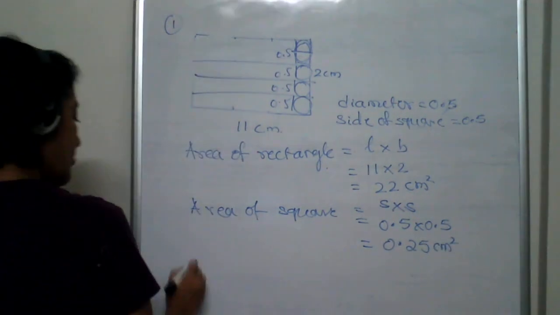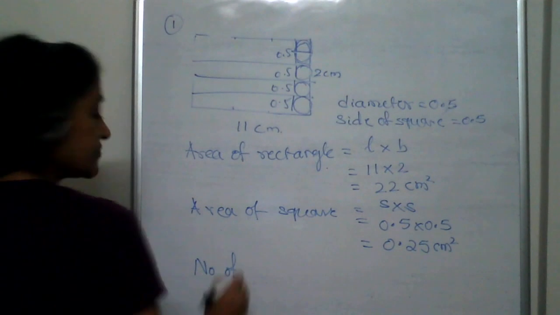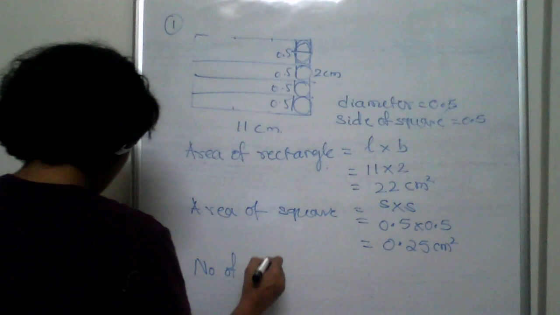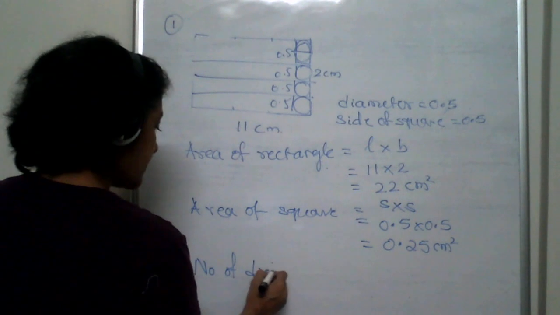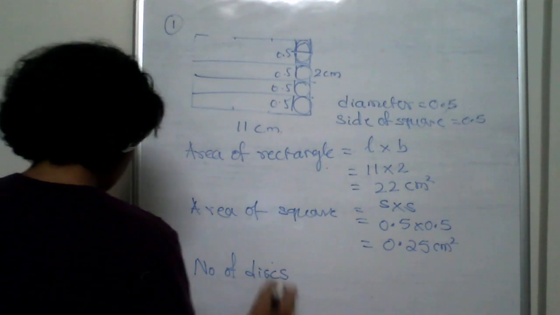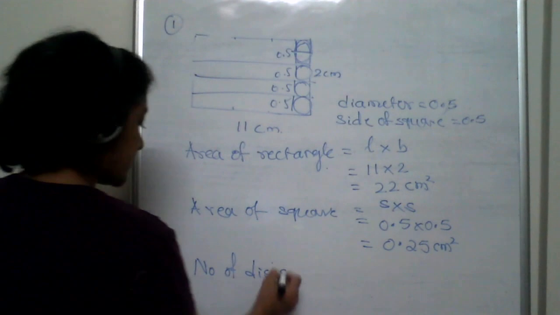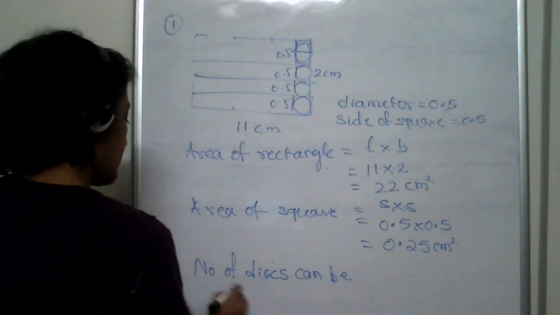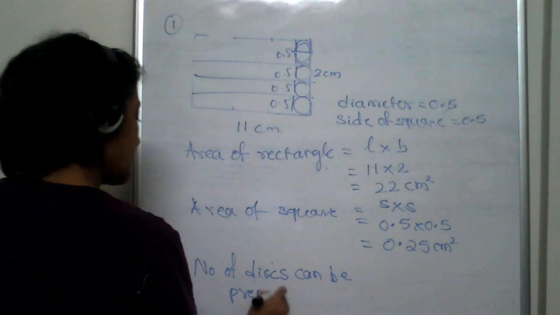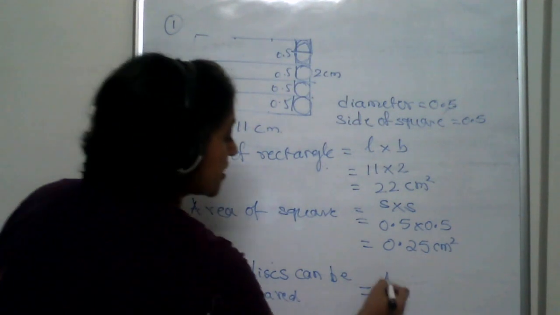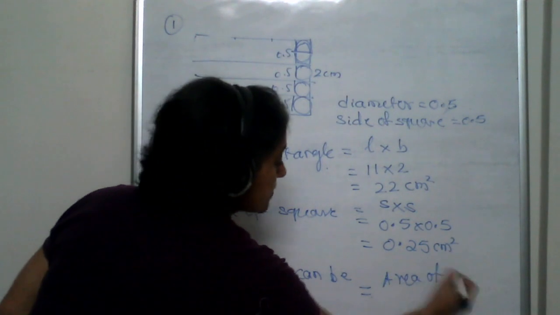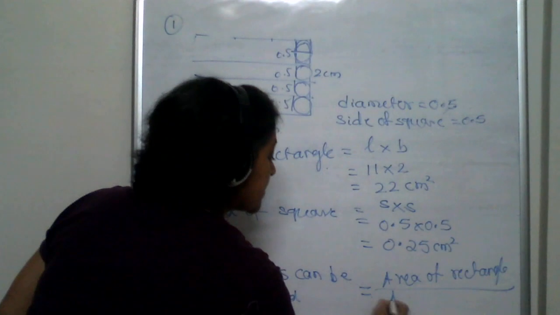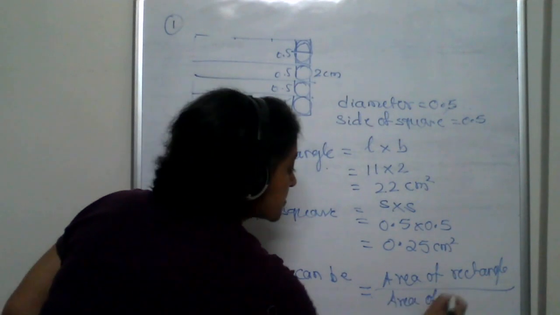Now number of discs that can be prepared is equal to area of rectangle upon area of square.